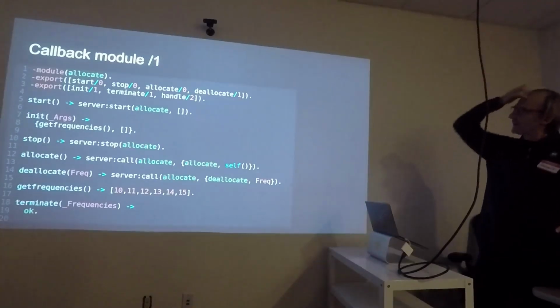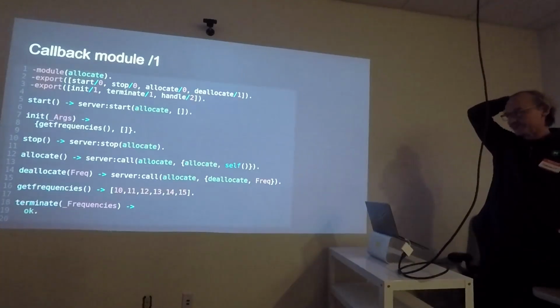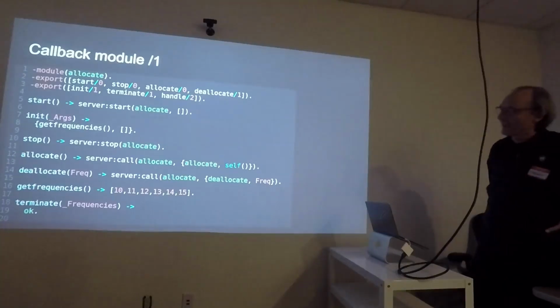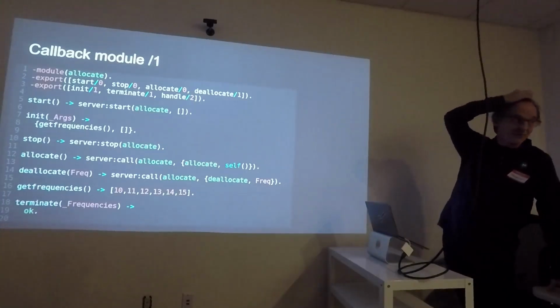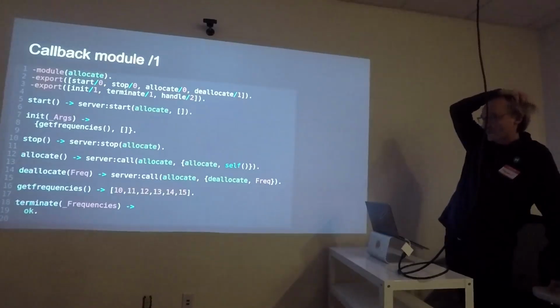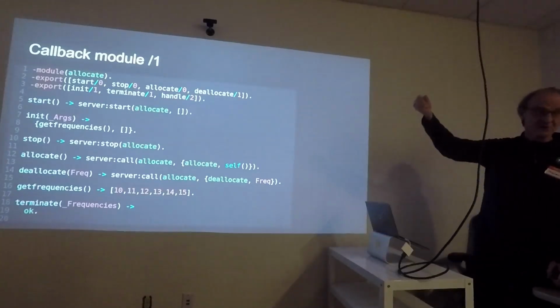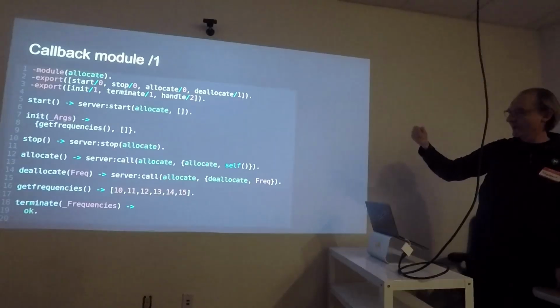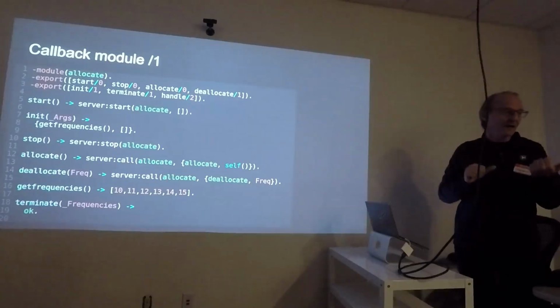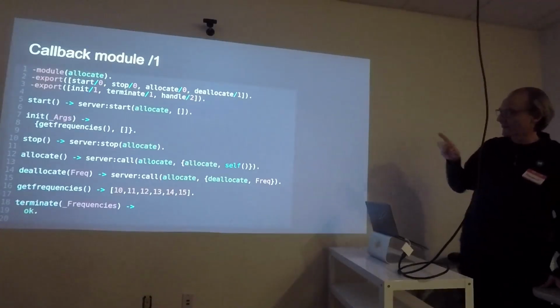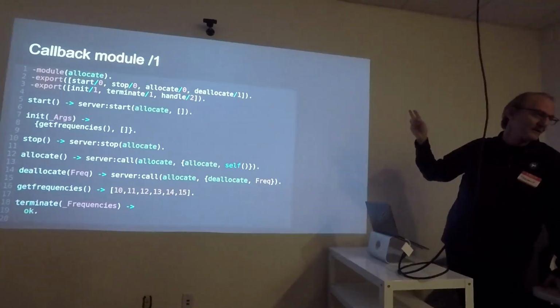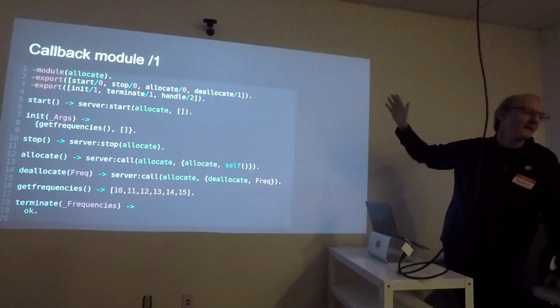And this one is called allocate. It has these functions. It has this start function, and the start function actually calls the server module's start method, passes the atom allocate, which is the name of the module in this case, and then an empty argument list, because I don't need to pass anything.